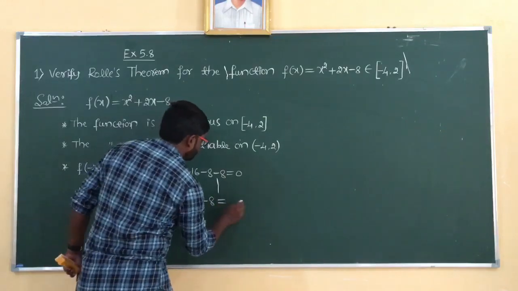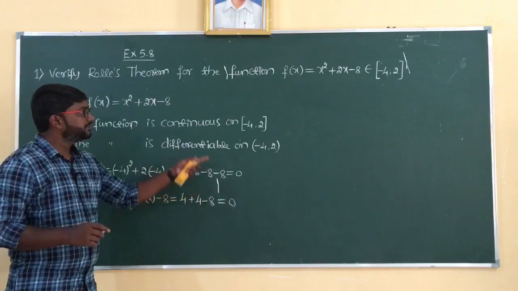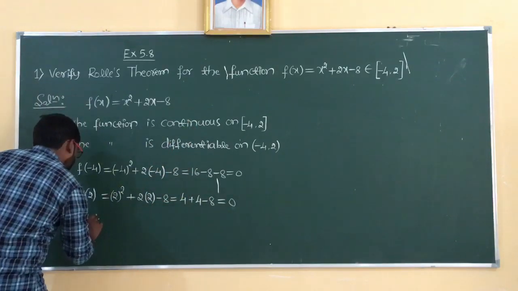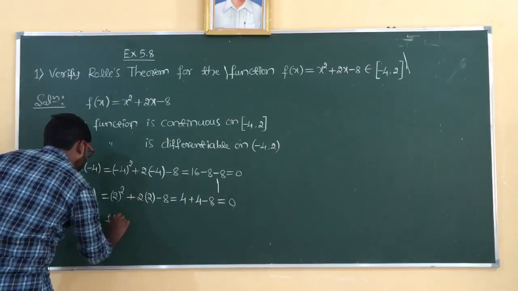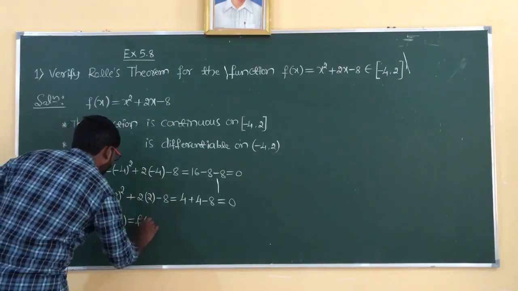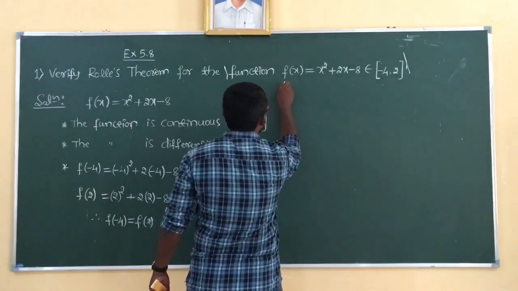So here f of a is equal to f of b, that means we have to go for the next step. Therefore f of minus 4 equals f of 2. Now we have to go for the differentiation.